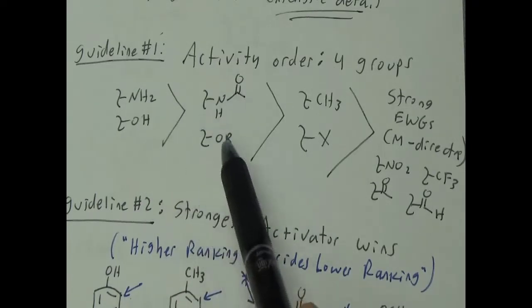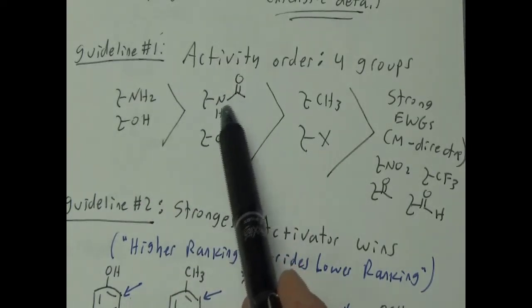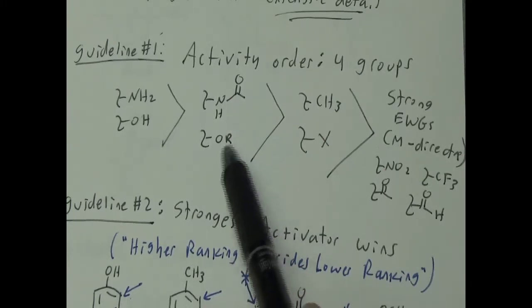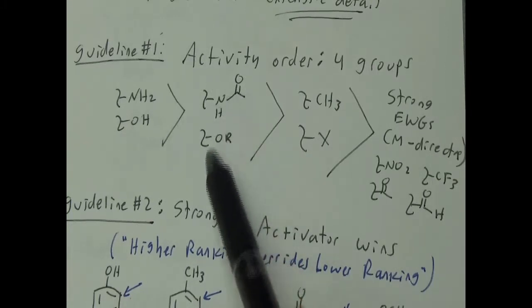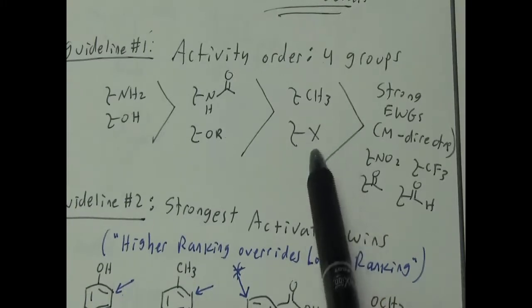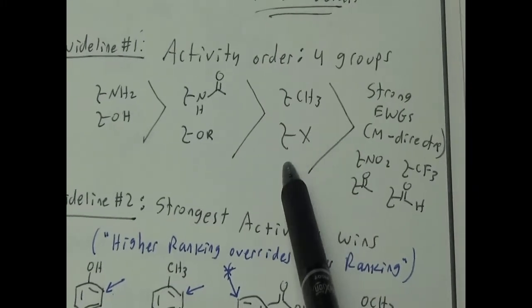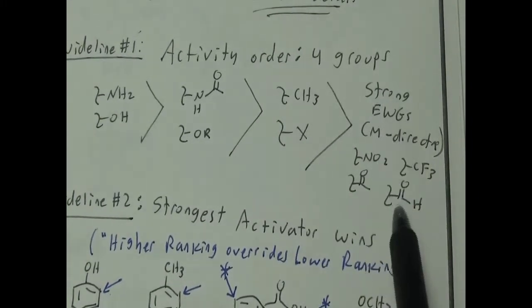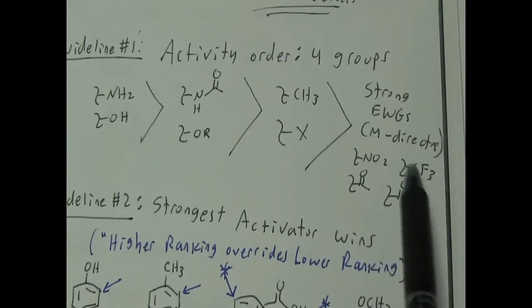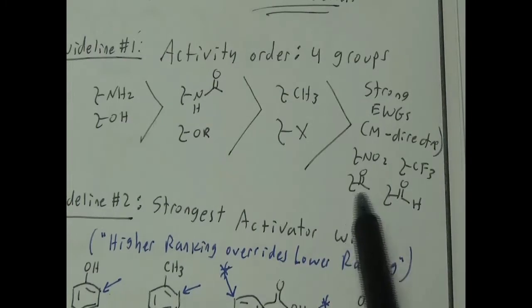And then if you have an amide, NH acetyl, or an ether, OR, like OCH3, that's a second group, so they have a lower precedence. And then if you have an alkyl group or a halogen, that's the third group. And then everything else is the lower priority group, strong electron withdrawing groups like nitro, CF3, ketone, aldehyde, etc.